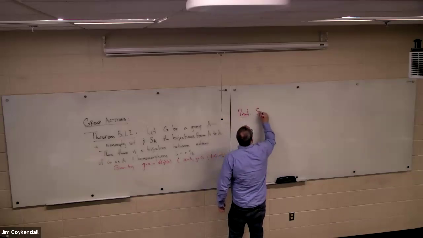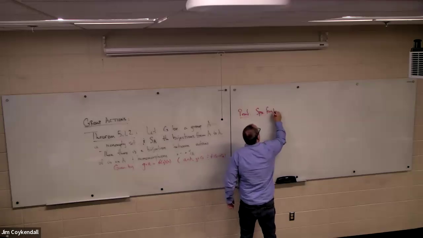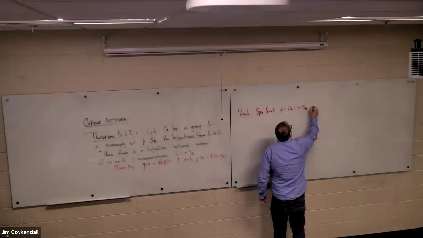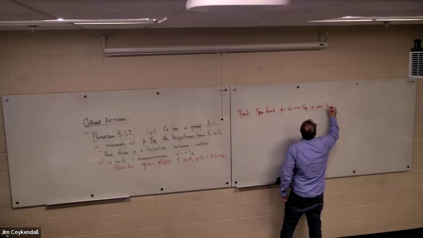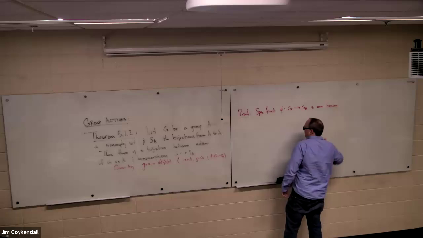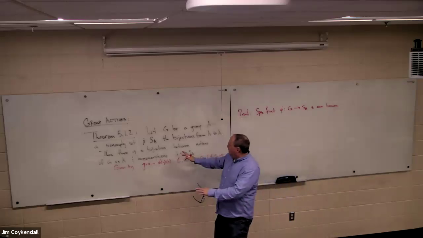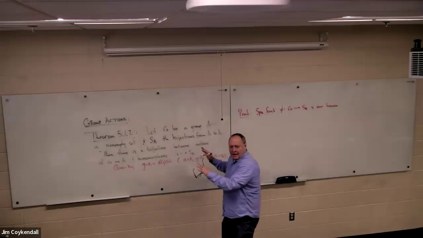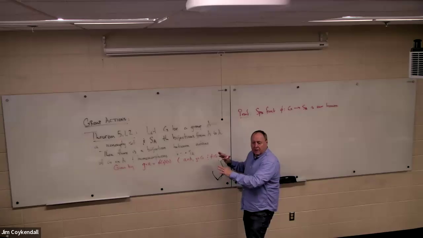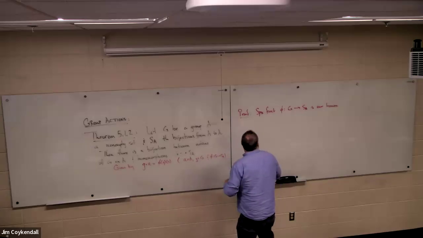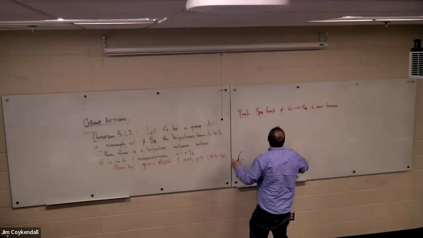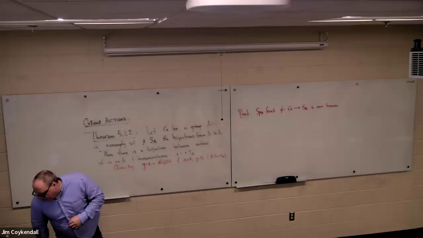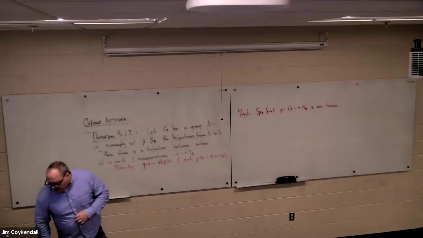Suppose first phi from G to S_A is our homomorphism. Because remember, we have a one-to-one correspondence between actions of G acting on A and homomorphisms from G into the permutations of A. So suppose first that we are given from on high this homomorphism that goes from G into S_A.